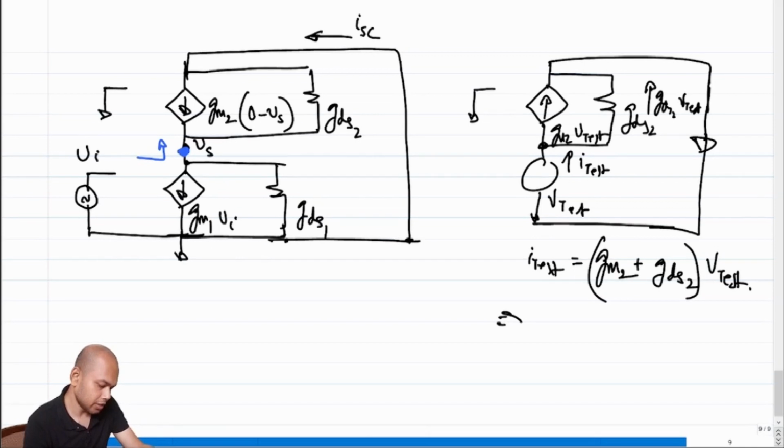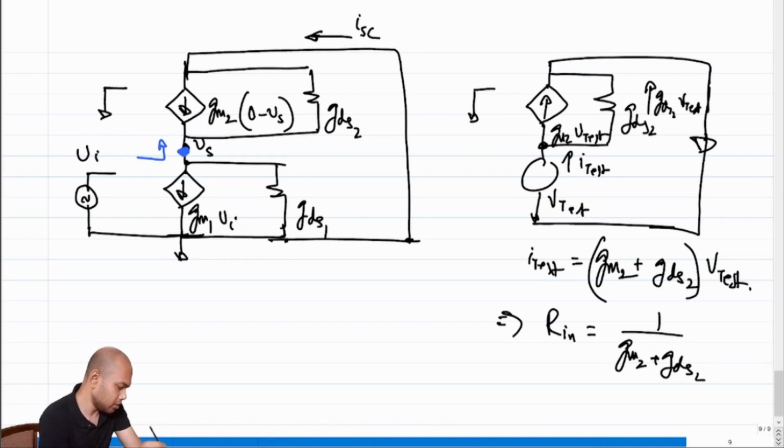So what is the resistance looking up? Rin is 1 by GM2 plus GDS2, correct? So the resistance looking up is 1 over GM2 plus GDS2.